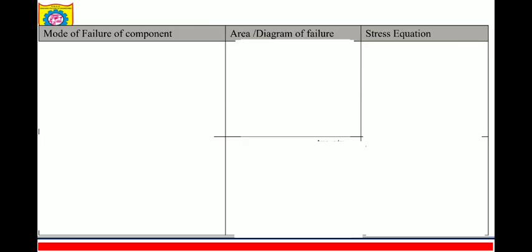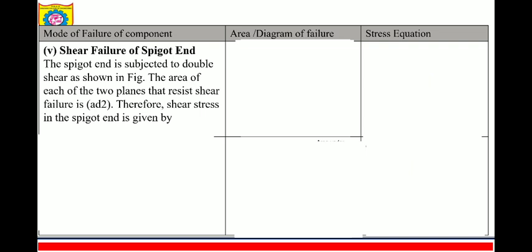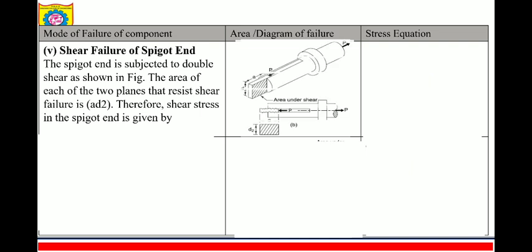Right. Next, shear failure of the spigot end. Whenever I am saying spigot, you must remember the diagram of the spigot. For shear failure of the spigot end, the area of the two planes that resist shear failure is a into d2.